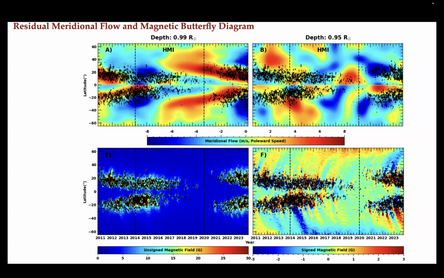During the maximum, there is a large scale inflow at the surface, but at the same time, if you see at 0.95, there is a strong outflow.